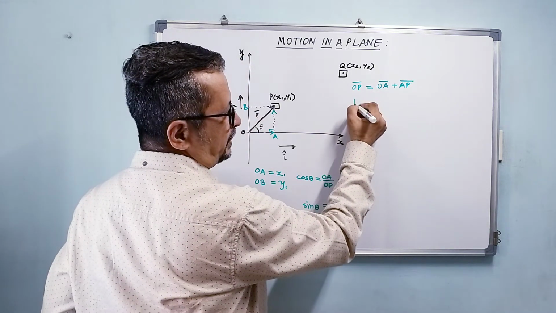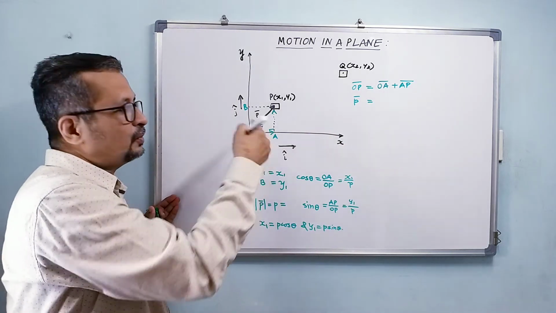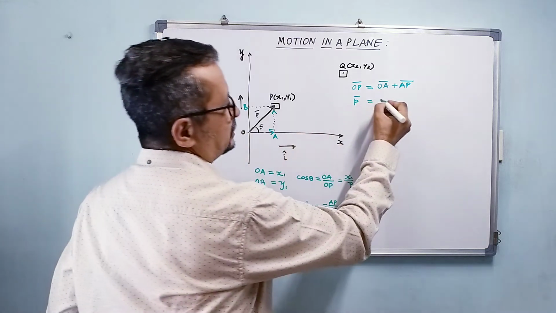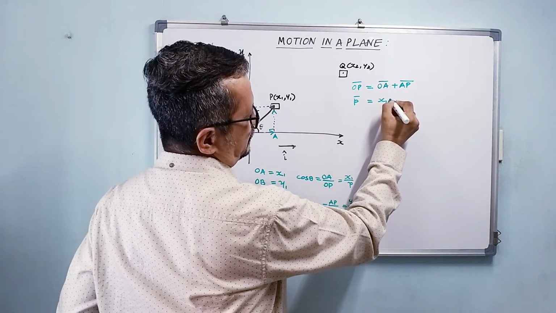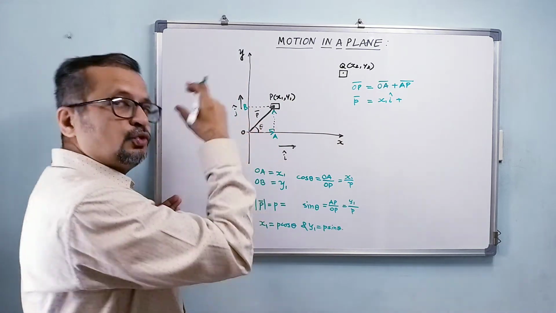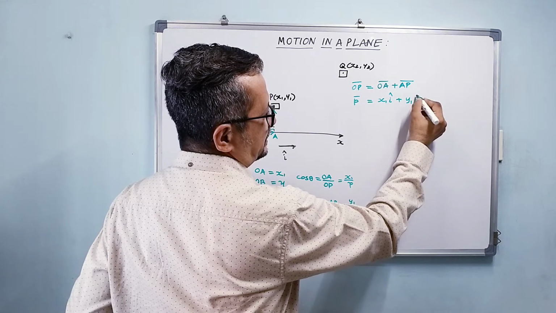So that is equal to P bar is equal to, now what is OA bar? OA bar is equal to magnitude of x1 into i cap, correct? So it would be x1 i cap plus, now AP bar, is it not same as OB bar, right? So it would be y1 j cap.